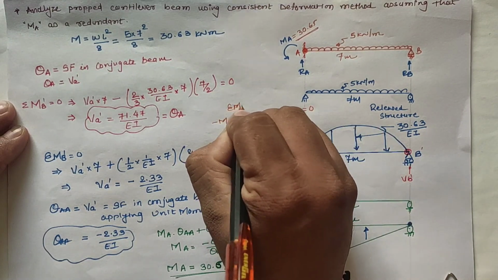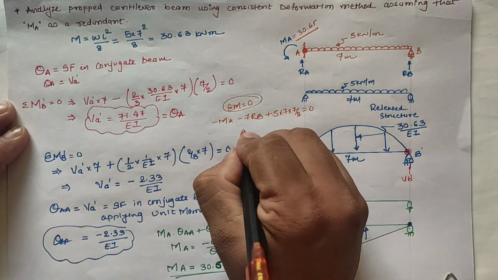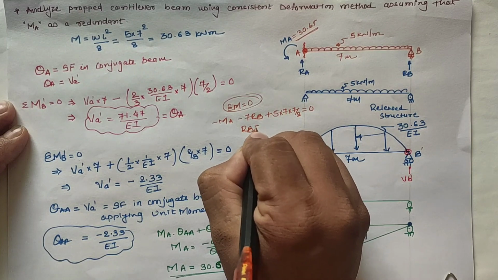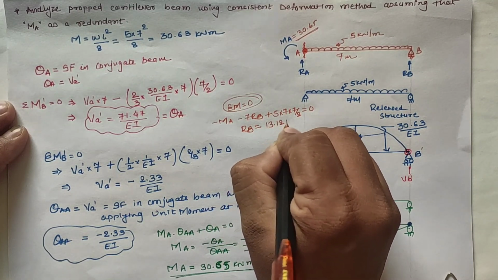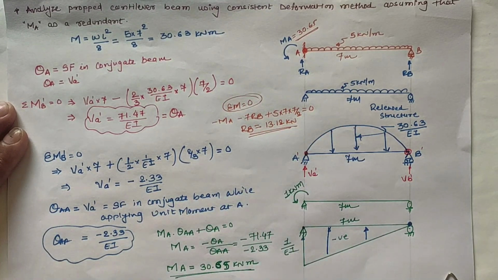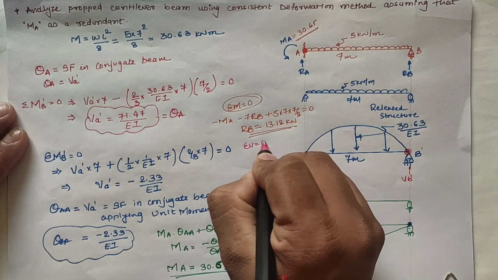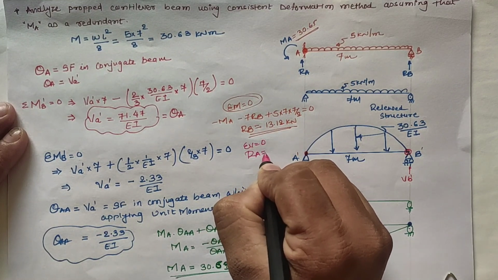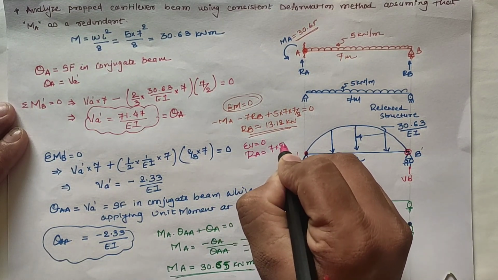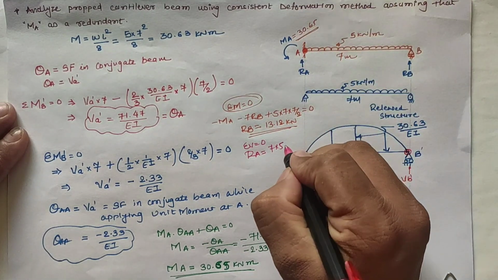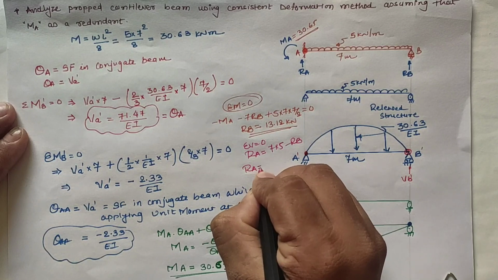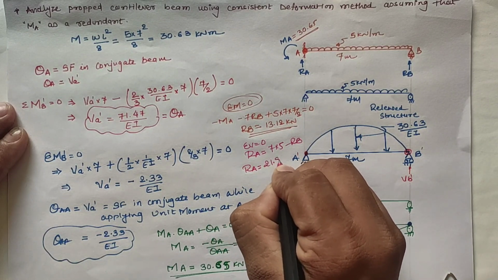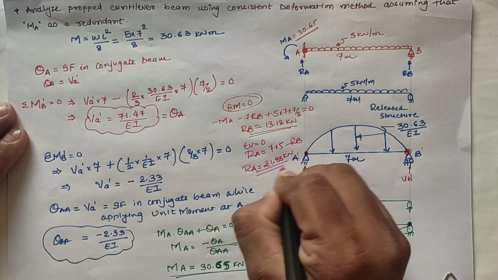Taking moment at A equal to 0, we have the RB value equal to 13.12 in kilonewton. If we take sigma V equal to 0, then RA is equal to 7 into 5 as the downward load minus RB as the upward load, hence the RA value is nothing but 21.88 in kilonewton.